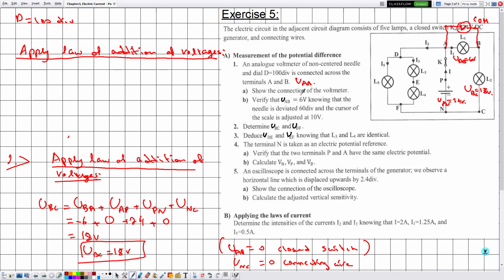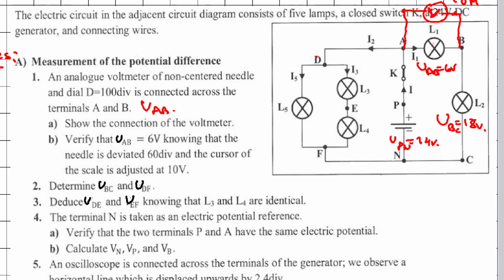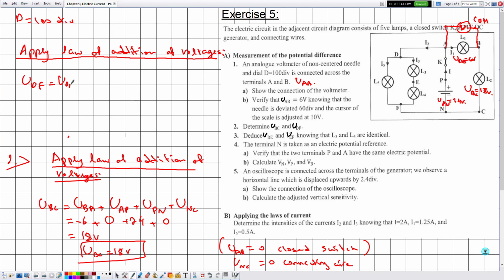So always on the left we write the voltage that we are interested in calculating, which is UDF, and we'll go from D to F. So we can go from D to A to P, P to N, and N back to F. Now UDA is 0, the reason is given by a connecting wire.